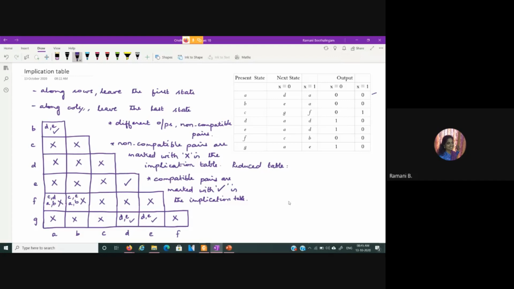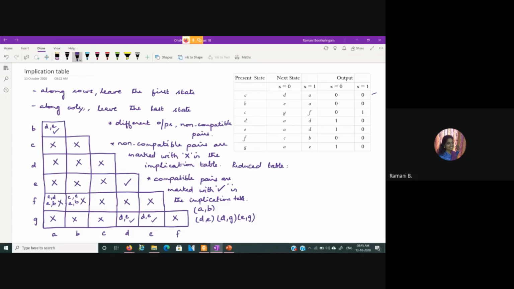Okay? So now you should take out the pairs where you have tick marks. So we have A comma B, then D comma E, D comma G, and E comma G. These are all the equivalent states we have.